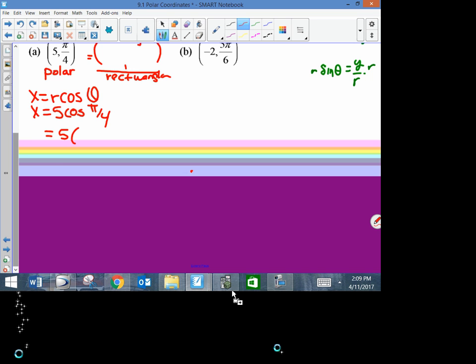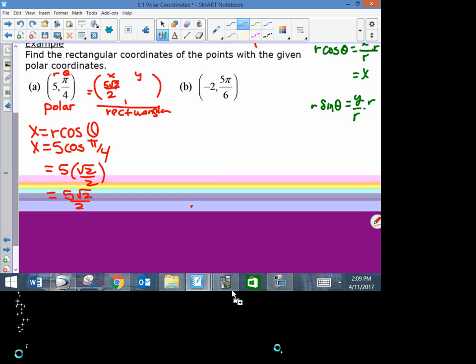What is it? Square root of 2 over 2. Good job. So x is 5 square root of 2 over 2. That's your x from your ordered pair, rectangular coordinate.